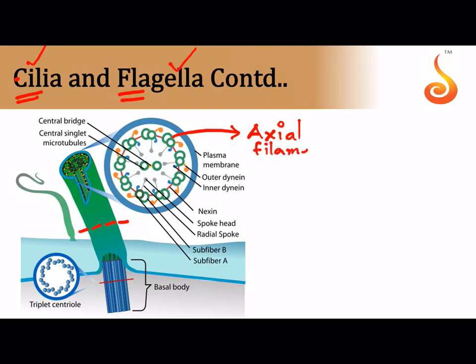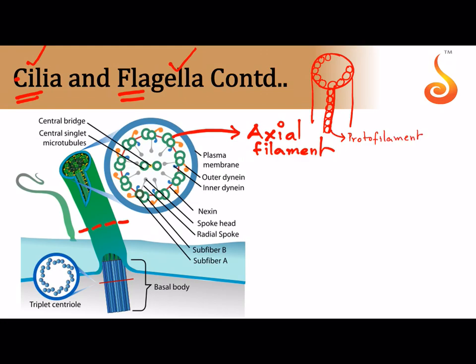So the axial filament or the axoneme, notice that there are doublets of microtubules present. I told you a microtubule is nothing but a hollow tube like this, and in the wall there are 13 tubes. I'm not counting it, I'm just drawing roughly, and each tube has a repeated unit of alpha beta protein dimers. One such tube made up of these repeating units is referred to as the protofilament.